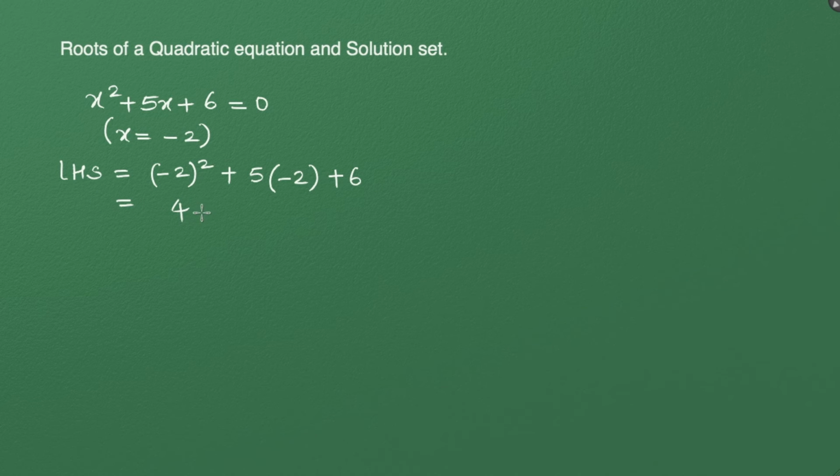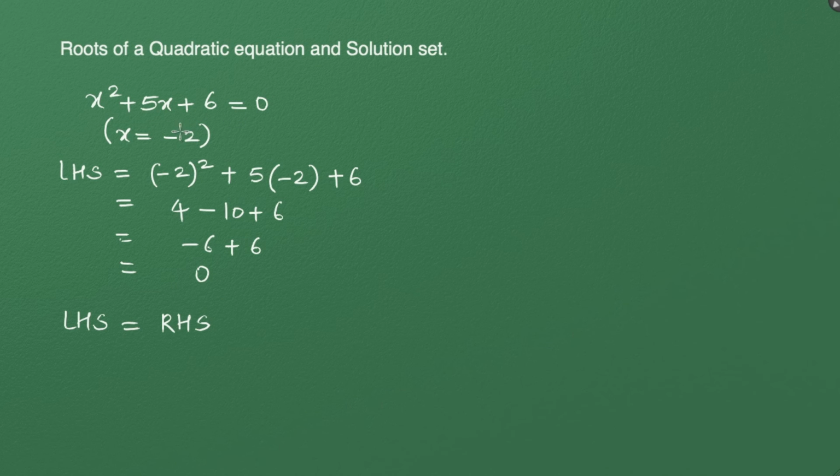So it is 4 minus 10 plus 6. This gives left hand side equal to 0 and right hand side is 0. So we have left hand side equal to right hand side. So this means x equal to minus 2 is a root of the given equation.